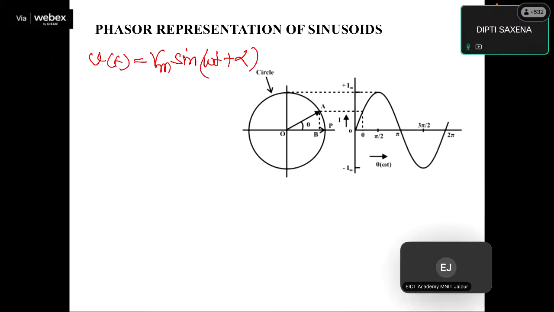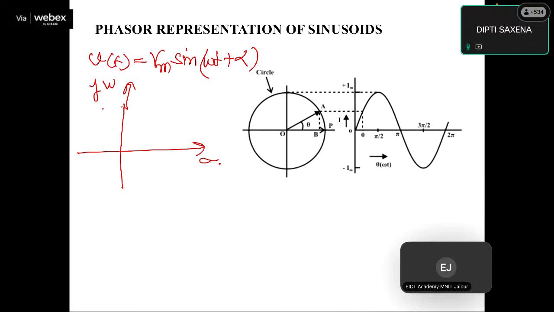Now, you all must have studied Euler's theorem for the complex plane. This is the real axis and this is the imaginary axis.